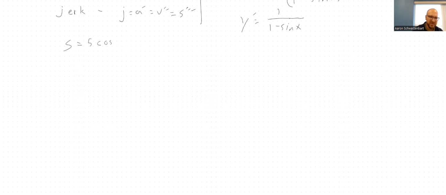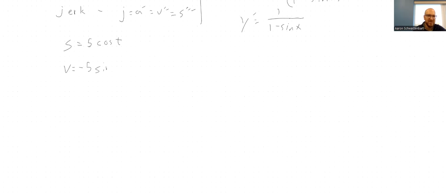How do I take the derivative of this to get the velocity function? I don't need a product rule because 5 is a constant. What's the derivative of cosine t?